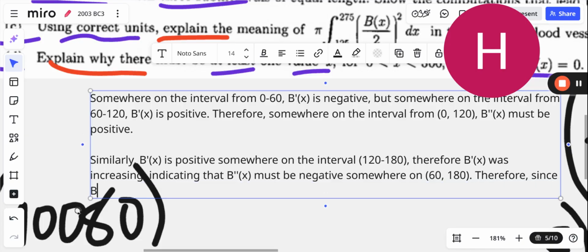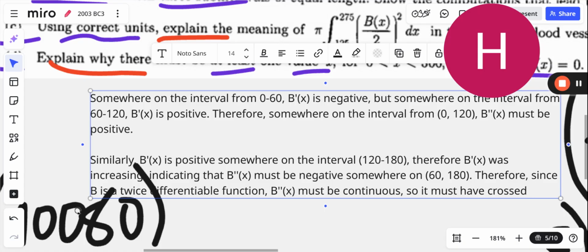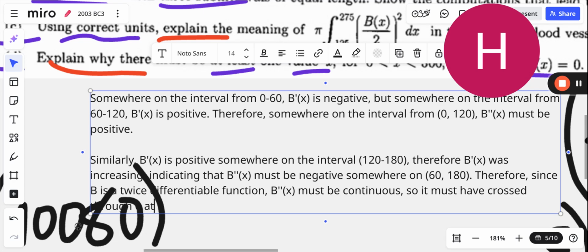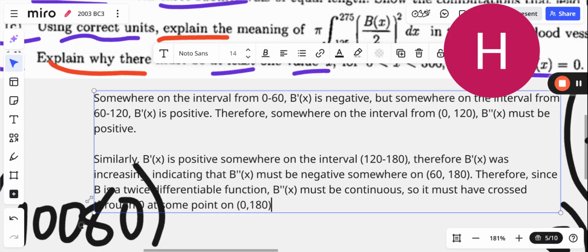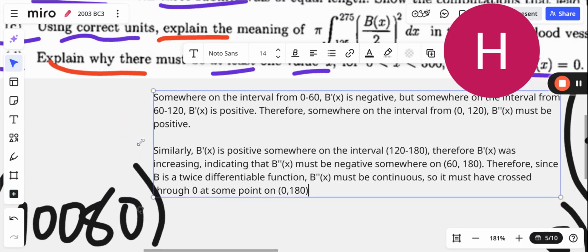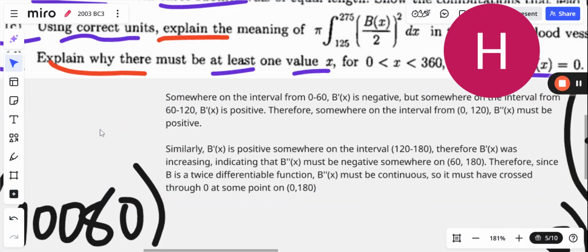Therefore, since B is a twice differentiable function, B double prime must be continuous, so it must have crossed through 0 at some point on 0 to 180. Don't know exactly where it crossed it. I just know that it had to cross it somewhere.